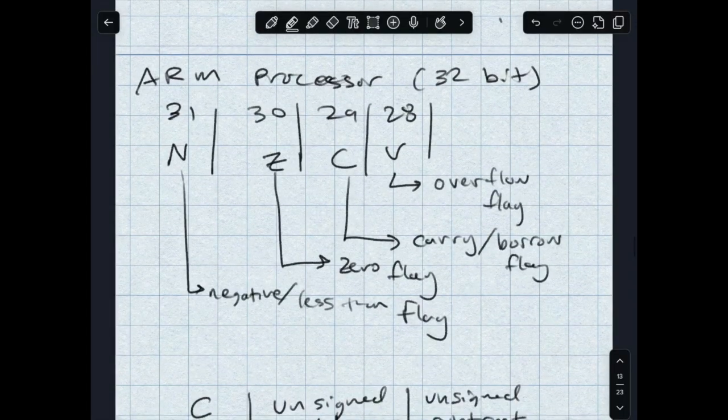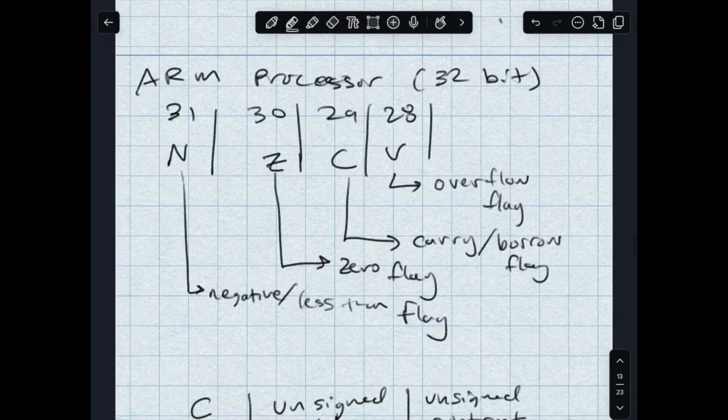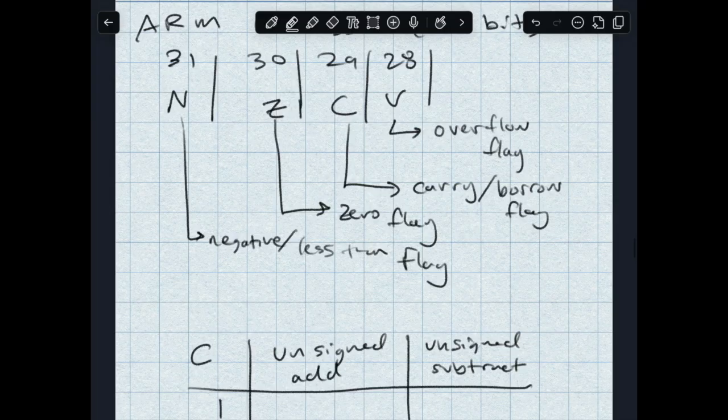It turns out that in an ARM processor, the carry and borrow flag is the same, and it's a 32-bit processor. It turns out that bit 29, so again, we count from 0, so that's like the 30th bit, is the carry and borrow flag. And essentially the logic for that is if carry is 1, we're going to have a carry for unsigned add.